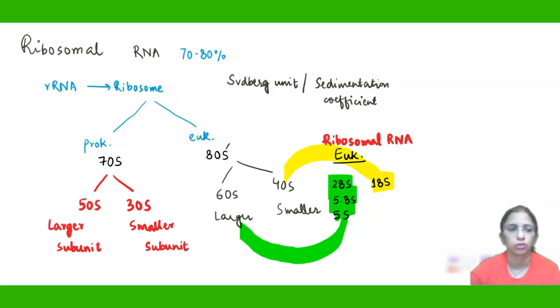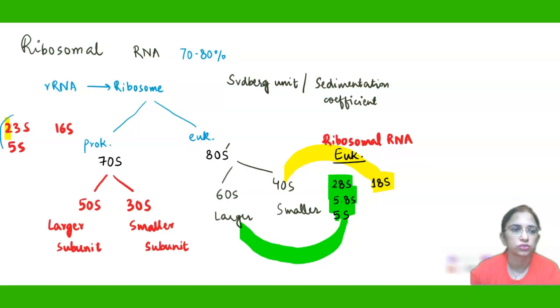This is important. Now let's come on to the prokaryotic ribosomal RNA. So here we will be talking about 23S, 5S, and 16S. So in prokaryotes, ribosomal RNA could be 23S, 5S, or 16S, right?